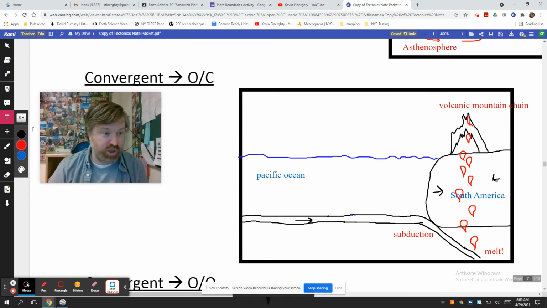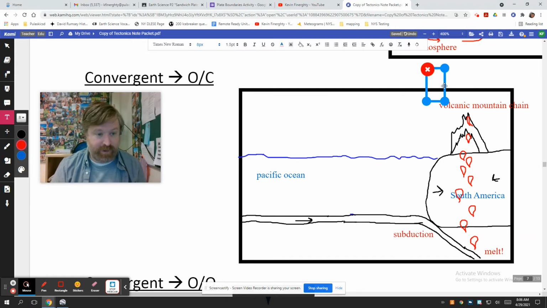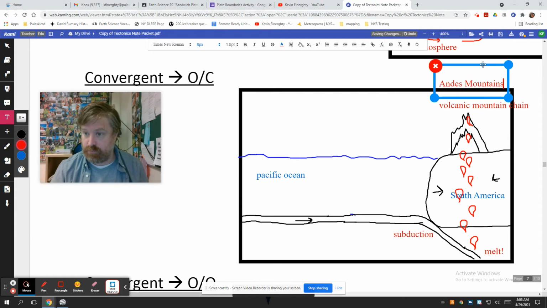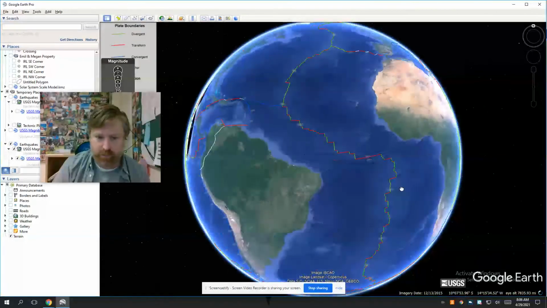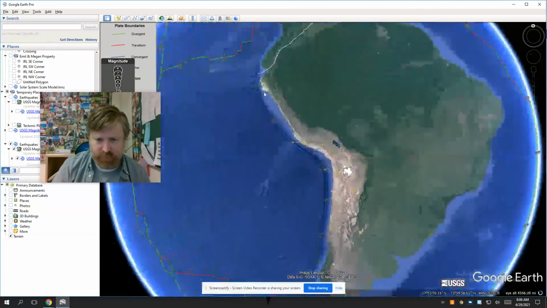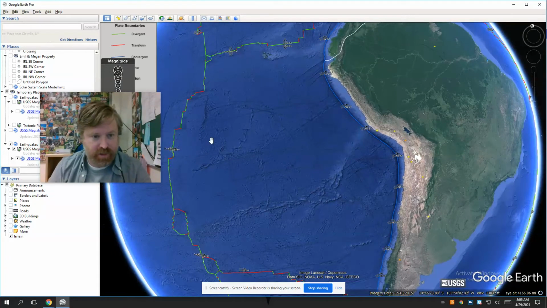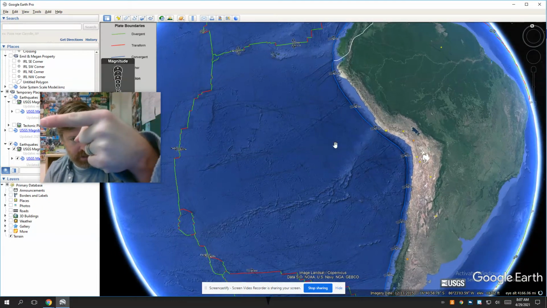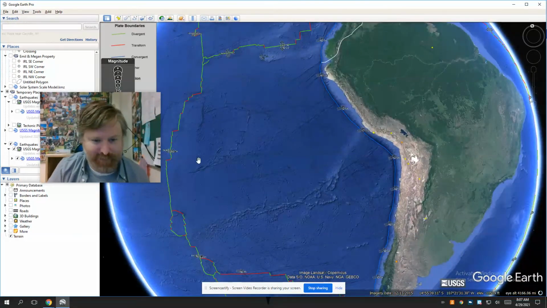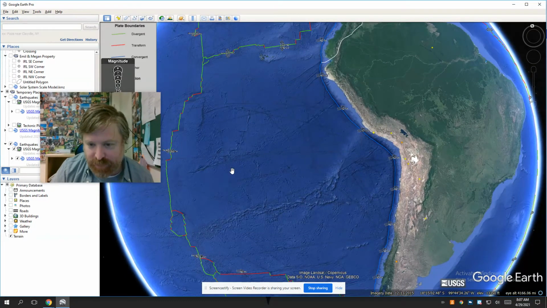If you know your geography a little bit, the simple type example for this is the Andes Mountains, which is the west coast of South America. Let's look at it over here. That blue line is subduction. There's a mid-ocean ridge, which we did in the last notes. This whole plate is moving that way.